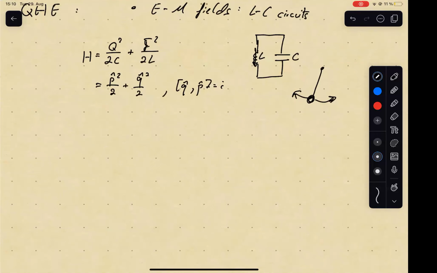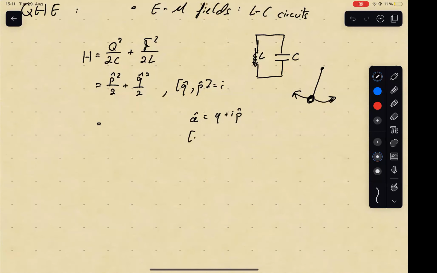Okay, so the next thing: this quantum harmonic oscillator, we have some momentum that changes the position, and some position that, since we have a potential well, creates momentum, back and forth, and these two operators do not commute. So the way to diagonalize this Hamiltonian is to define ladder operators A equals Q plus iP. The momentum becomes the imaginary part: you define a complex variable where the position is the real part and the momentum is the imaginary part.